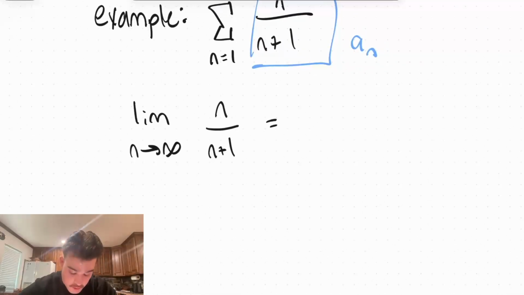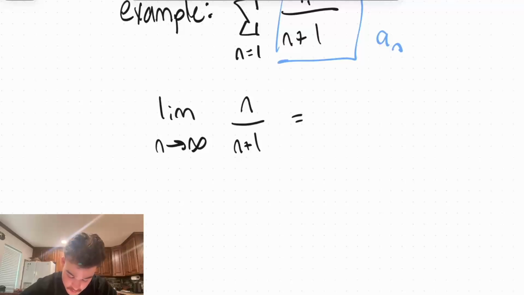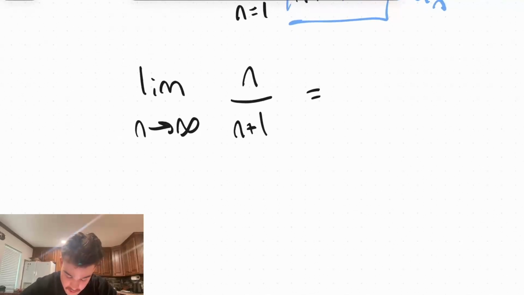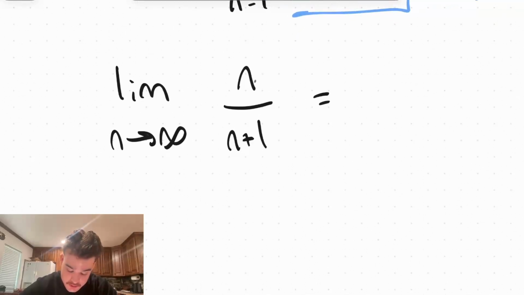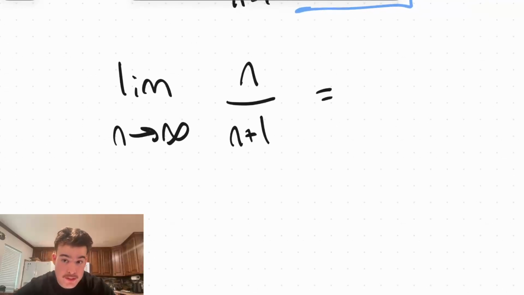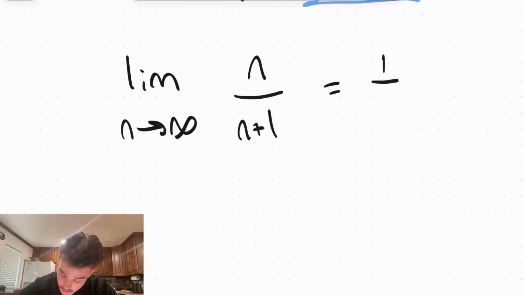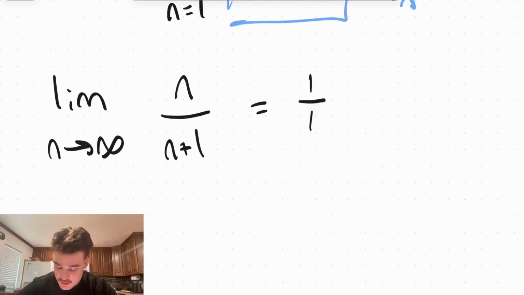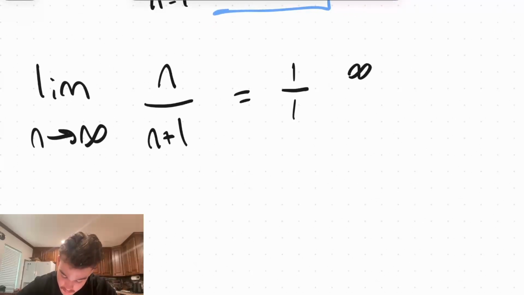Then you're going to solve the limit. In this case, it's pretty simple. N on top is going to become arbitrarily large, and n on the bottom is going to become arbitrarily large as well. So this 1 right here is not going to matter whatsoever. We know this is just going to grow to 1 over 1. Or you can think of it as a very large number.